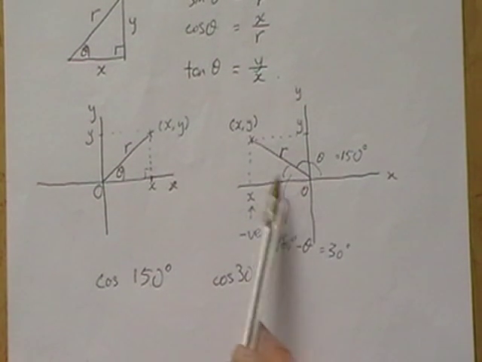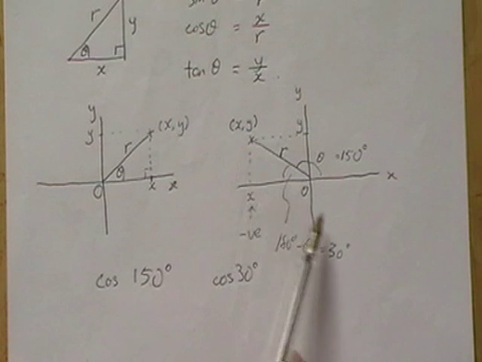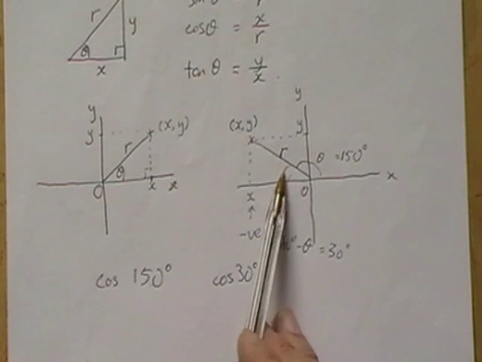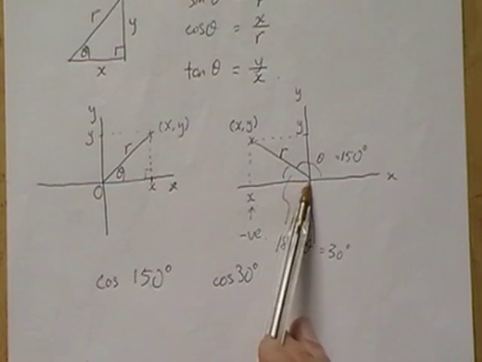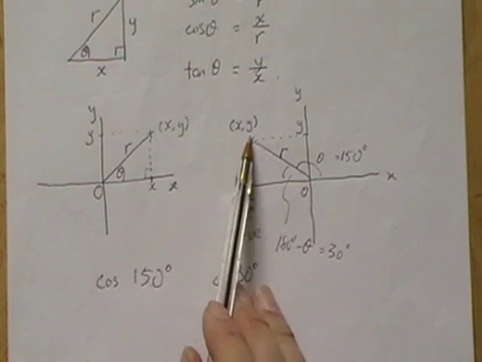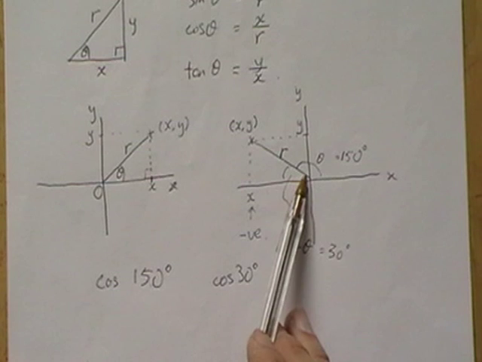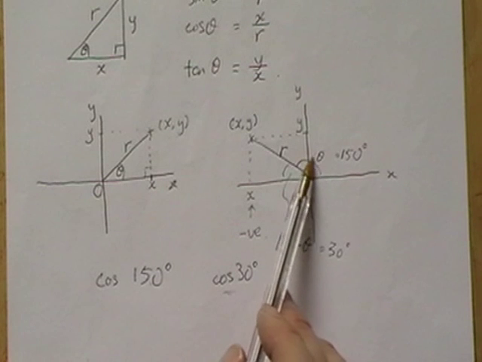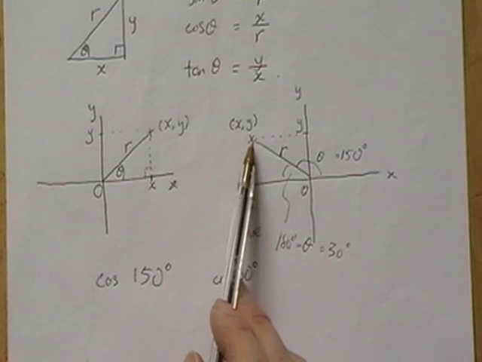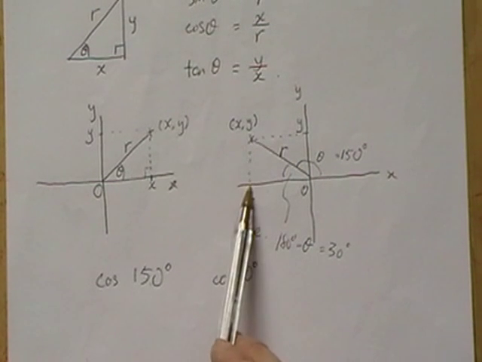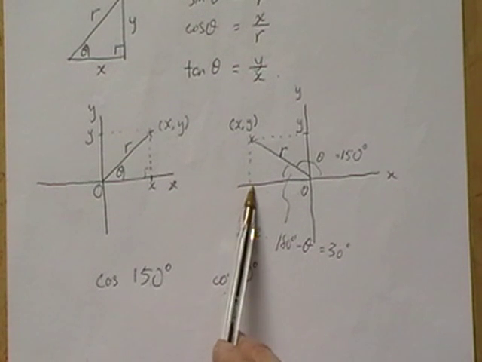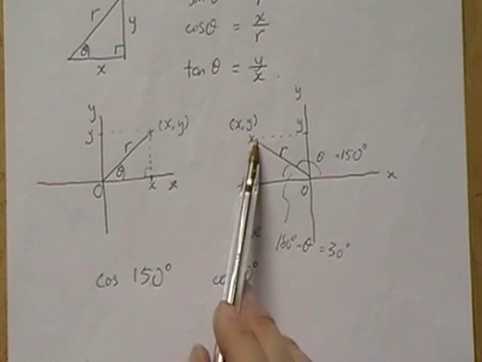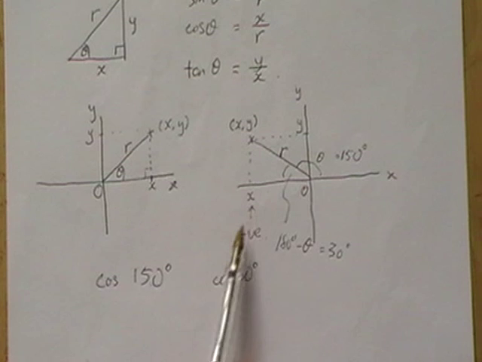Well, if you look at this, cosine of 30 degrees is the length of this side, which is adjacent to this angle, divided by the length of this side. But cosine of 150 degrees is the x coordinate of this point, divided by r.